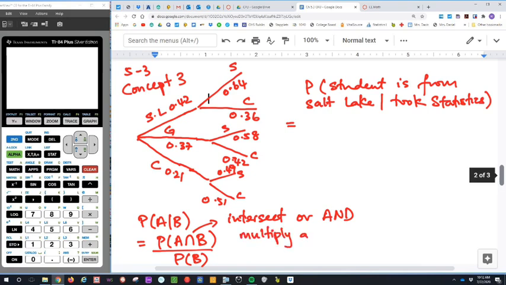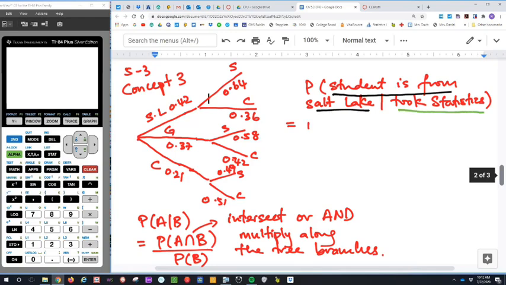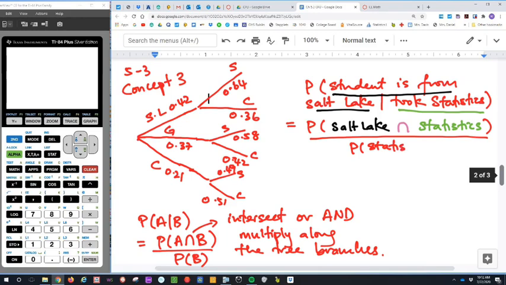What we do is we look at the tree diagram and we multiply along the tree branches for that to happen. So let's go back to the question: the probability that the student is from Salt Lake, given that the student took statistics. According to the conditional probability formula, it's the probability that the student is from Salt Lake and is taking statistics, divided by the probability that the student takes statistics.